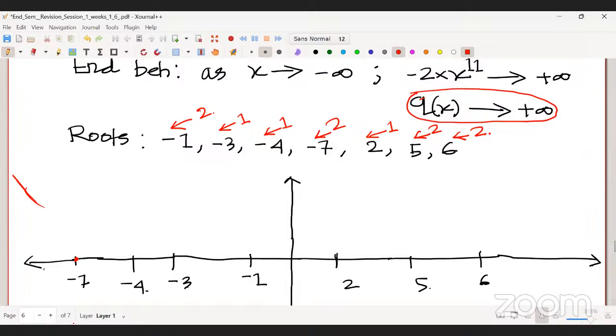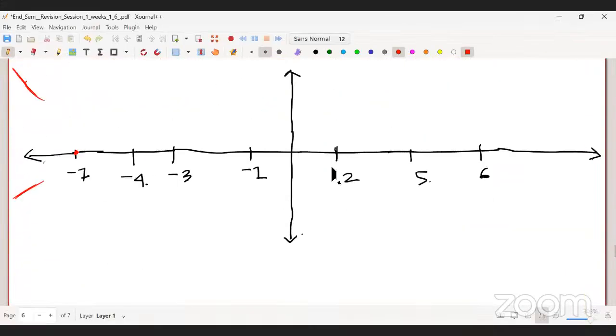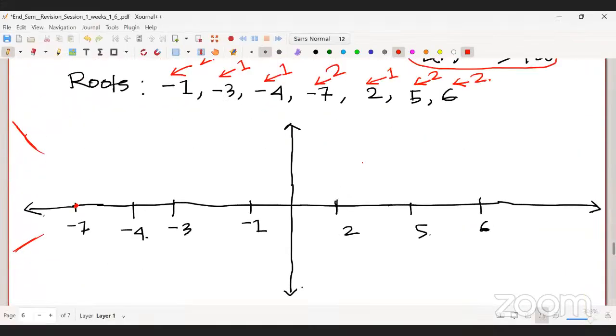If you are coming from below, that means q of x is negative. Above the x-axis, q of x is greater than 0, so the above side is positive.